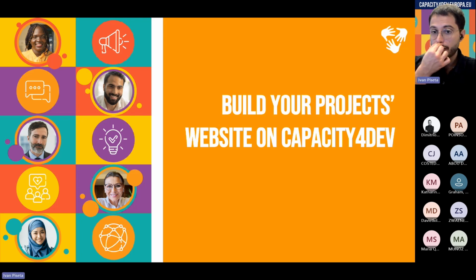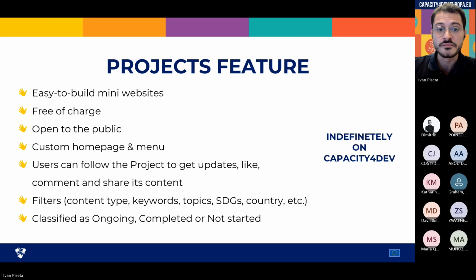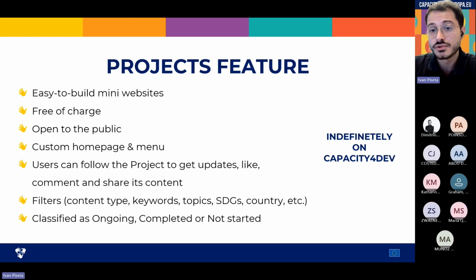So let's go to the project section, and talk about building your project's website on Capacity4dev. The main features of a project are that it's an easy-to-build mini website, so it's very user friendly.